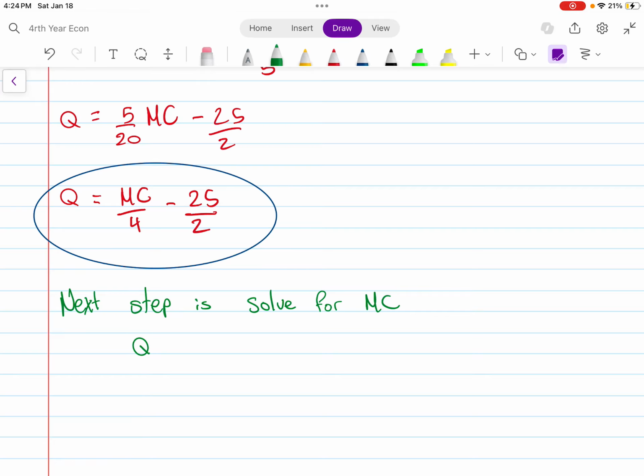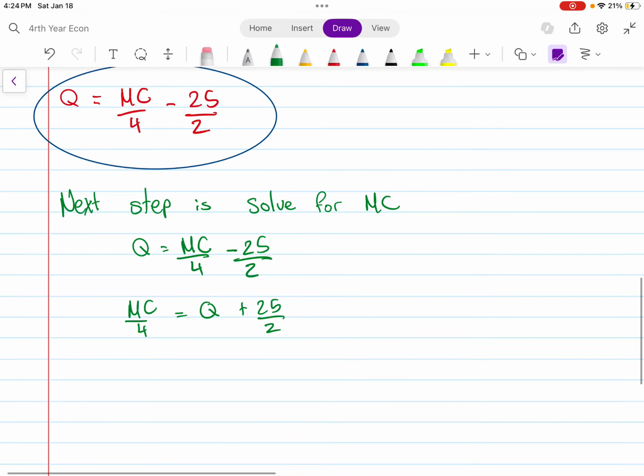So we have our equation and just solving for MC. Perfect.